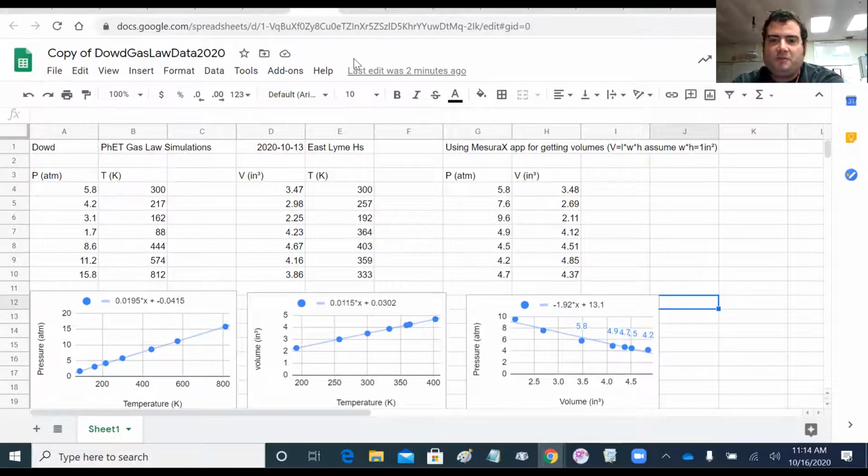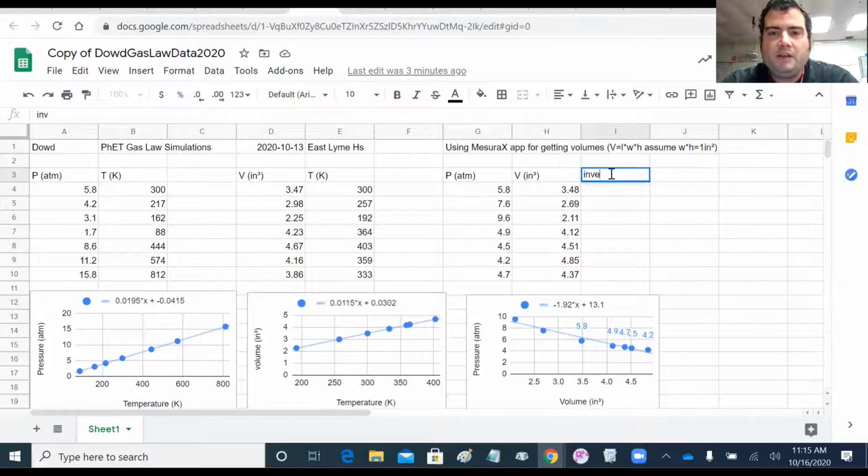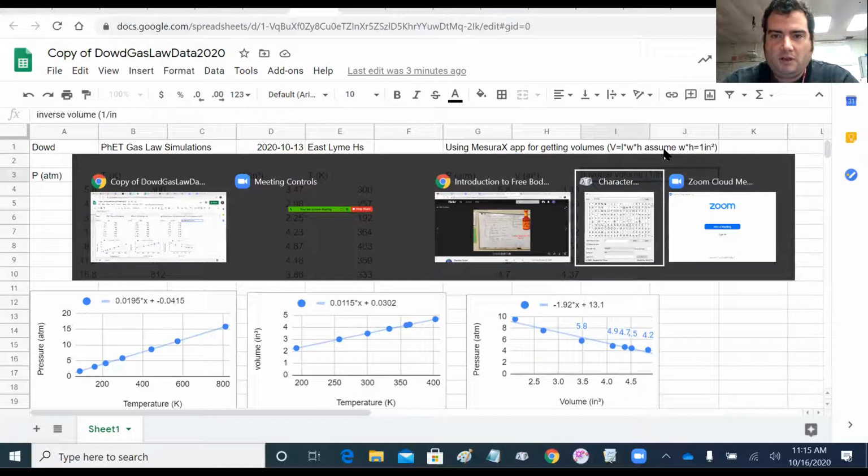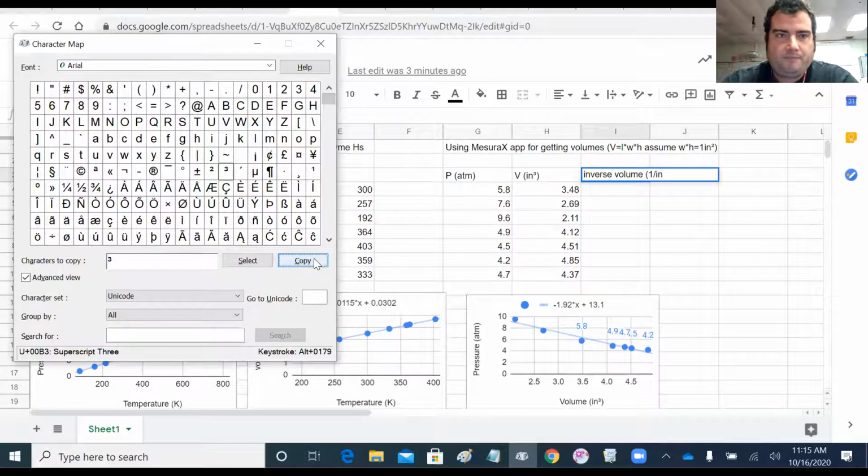This is what spreadsheets were designed to do, to take routine work like that and automate it. So all you have to do to invert all of these is to enter a formula into your spreadsheet. So what I'm going to do is make a new column, inverse volume, and that will be in 1 divided by inches cubed.